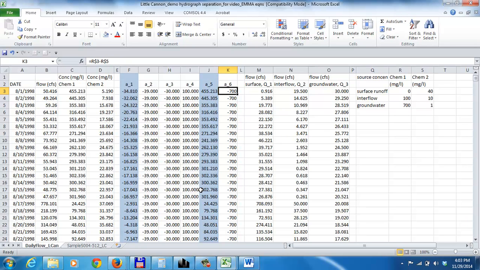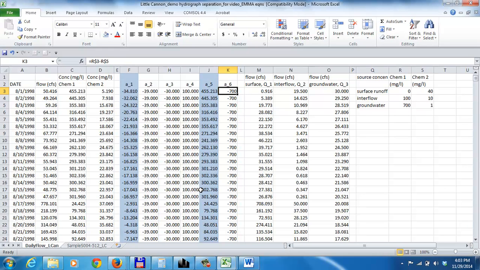Some of the other parts here, columns F through K, are just values that are calculated intermediate to calculating the flows in the equations. On the right hand side of the spreadsheet, you'll see columns Q, R, and S. Those are the characteristic concentrations of the chemicals, chemical 1 and chemical 2, in the individual source waters: surface runoff, interflow, and groundwater.